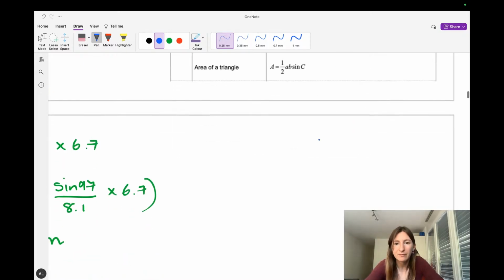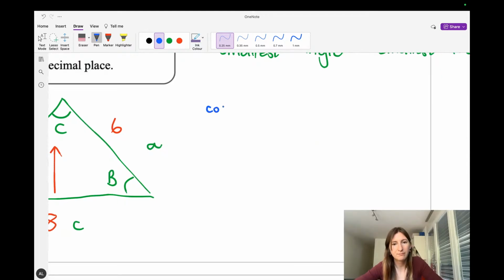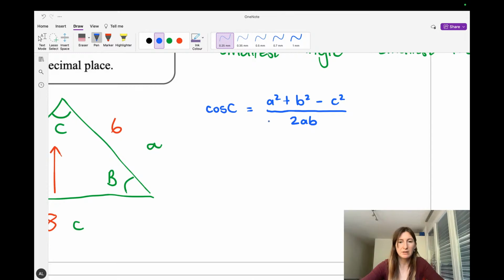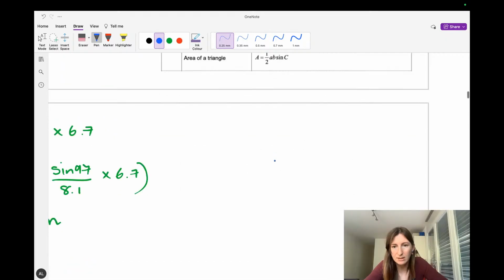Cos C equals A squared plus B squared minus C squared over 2AB. So this is just the cos formula rearranged. It's not in terms of C, but in terms of cos C. And let me just double check one more time that that is indeed correct, and it is.